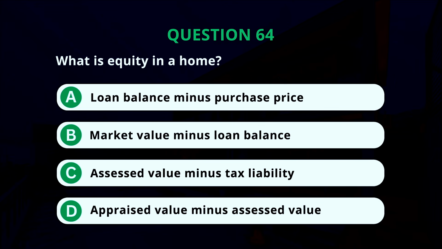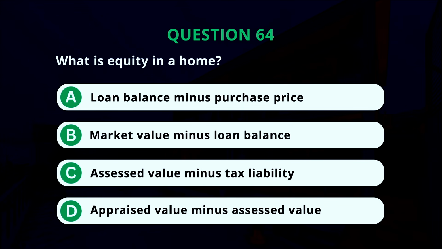Question 64. What is equity in a home? Letter A, loan balance minus purchase price. Letter B, market value minus loan balance. Letter C, assessed value minus tax liability. Letter D, appraised value minus assessed value.